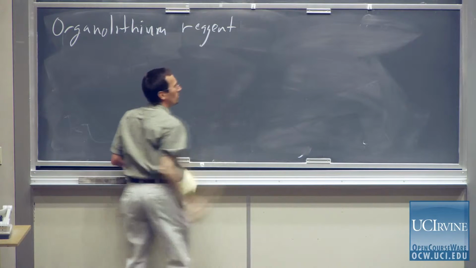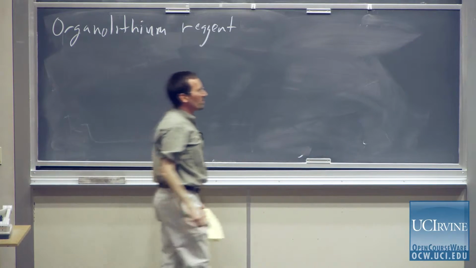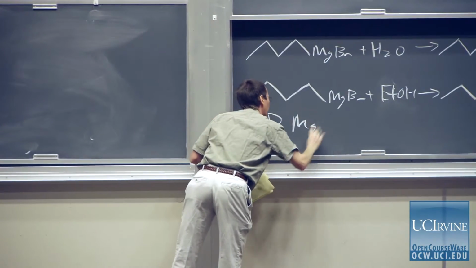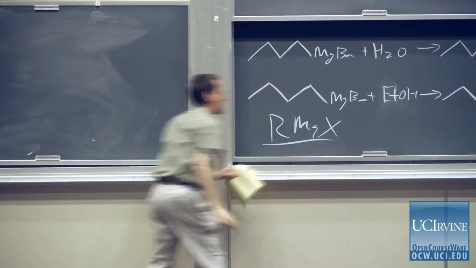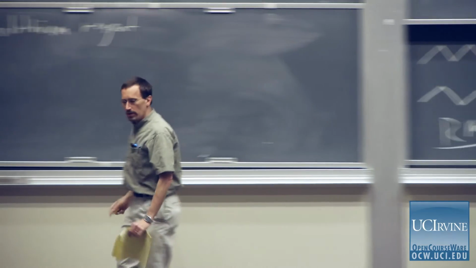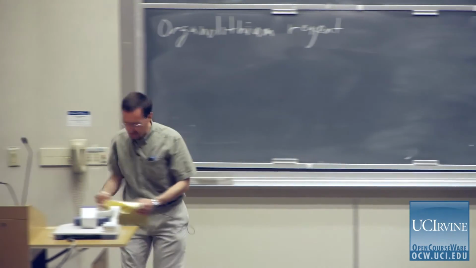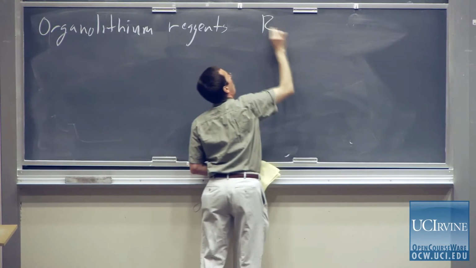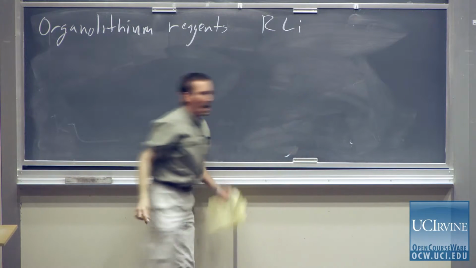And so if we wrote Grignard reagents sort of generically as RMgX, that would be a generic way of writing a Grignard reagent. We can write organolithium reagents generically as RLi.